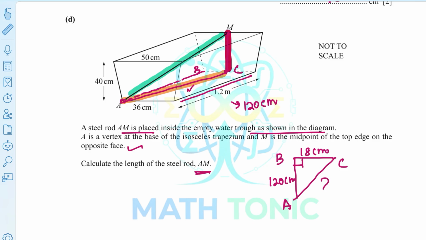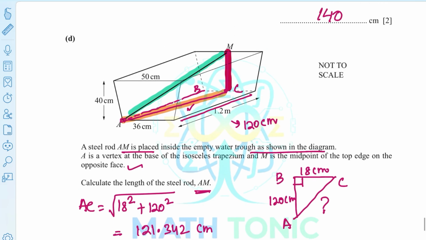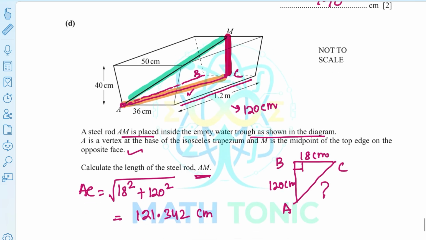Now, how to find the value of AC? Easy, using Pythagoras theorem. AC equals the square root of 18 squared plus 120 squared. If you type it, I am getting 121.342 centimeter. First step.